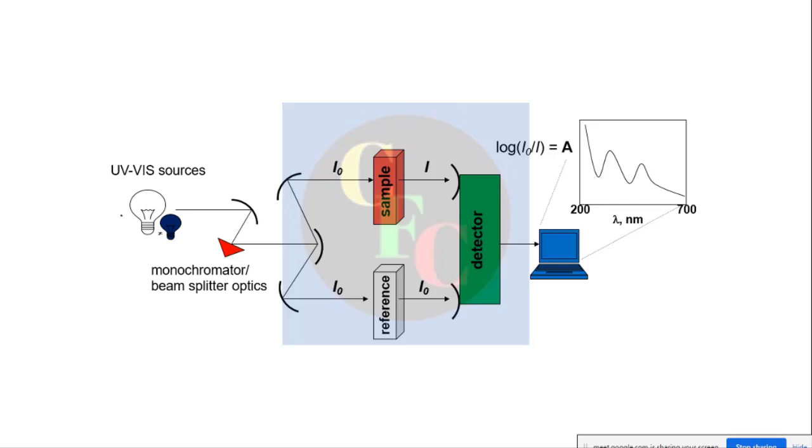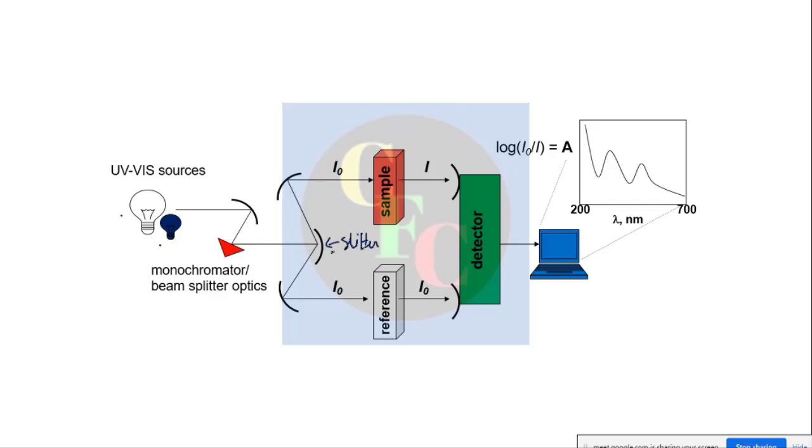One is for visible, one is for the UV. Then it is reflected to a monochromator, which is our grating or prism, which acts like a prism. Then that is given to a splitter.